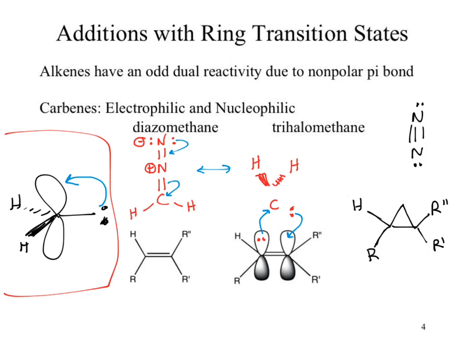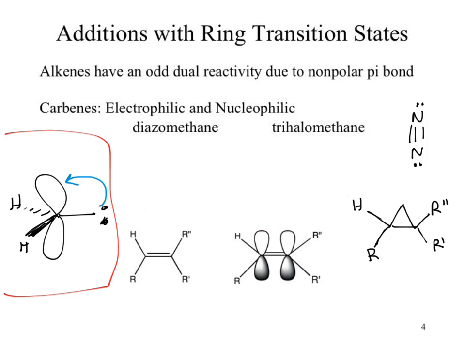You're going to have another empty shell. Number one, you're going to end up emptying an orbital that you're going to need to explain. So that's going to be a problem. There's another big issue. We erase the diazomethane.